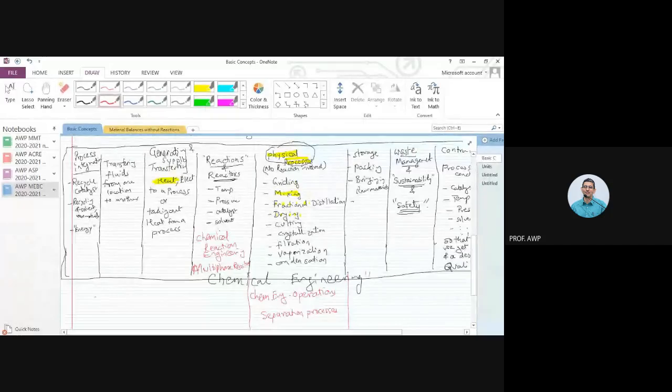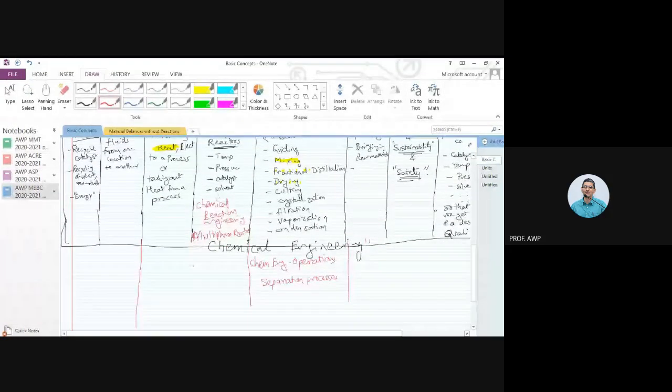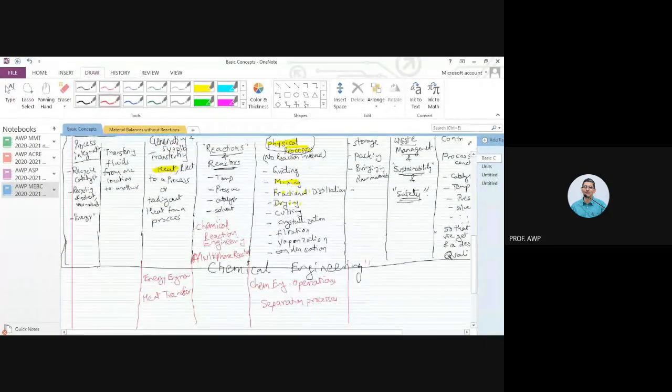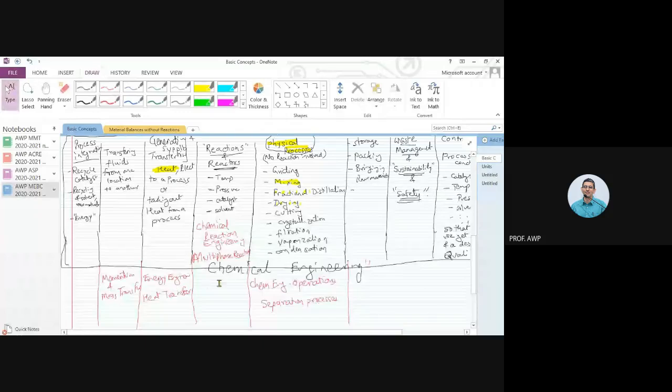Transferring heat, generating electricity, generating heat, they are a part of courses called Energy Engineering, semester 4. Heat Transfer, semester 5. Transferring fluids from one location to another is going to be a part of a course called Momentum and Mass Transfer, semester 3.